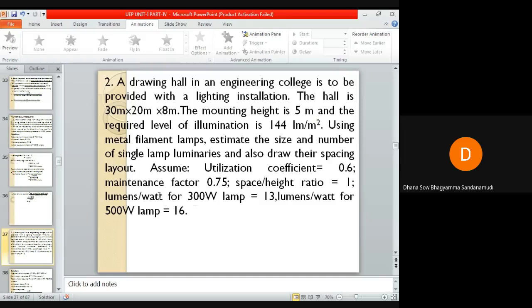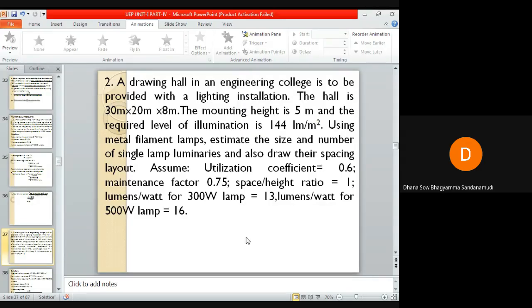In this problem, if you see, it is a drawing hall in an engineering college, which is to be illuminated. You want to install some lamps in a drawing hall, and the hall dimensions are given.